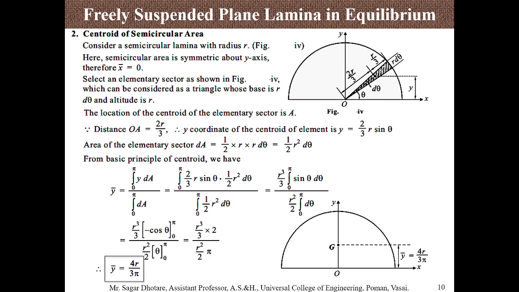Now the centroid of a semicircle area. This is one of the most useful geometries in day-to-day life; you can consider any kind of rings, so you will see such a shape in these geometries. The symmetry along the y-axis is the same, so the x coordinate of this geometry is also 0.